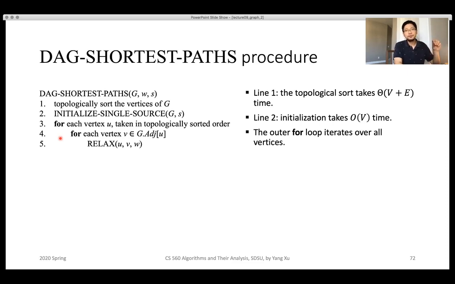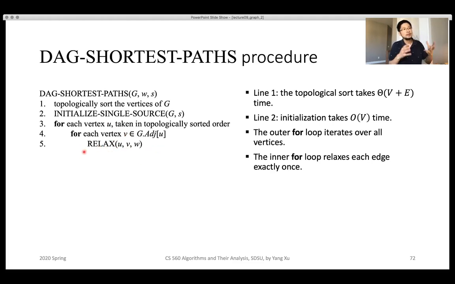The inner for loop iterates over all the adjacent vertices of the current vertex U in the outer loop, and for each adjacent vertex, we relax the edge from U to V. So this inner for loop makes sure that we relax all the edges that leave the current vertex U, and we relax each edge exactly once.